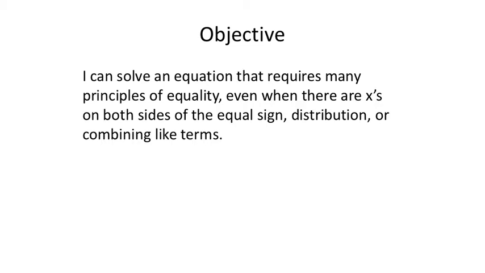So you don't have to put it on scratch paper. But really what we're looking at here in the objective, there's nothing different than what we've been doing, right? Distribution, combining like terms. It's just now you're going to see x's on both sides of the equal sign. But we can operate with those with principles of equality. We just have to make sure we're looking at like terms when we use our principles of equality. That may not make sense now, but hopefully will by the end of the lesson.